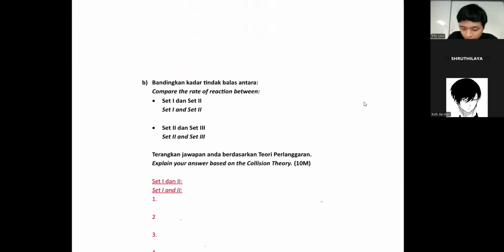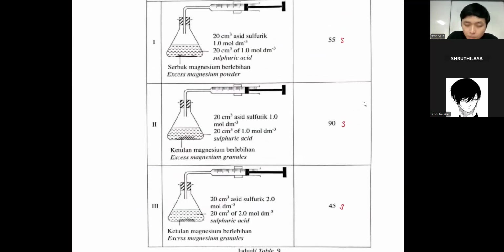They ask to compare 1 and 2, and 2 and 3. Based on the table, between 1 and 2, what's the difference? One uses magnesium powder, the other uses magnesium granules. If you see powder, you know it is smaller in size, so higher rate of reaction.